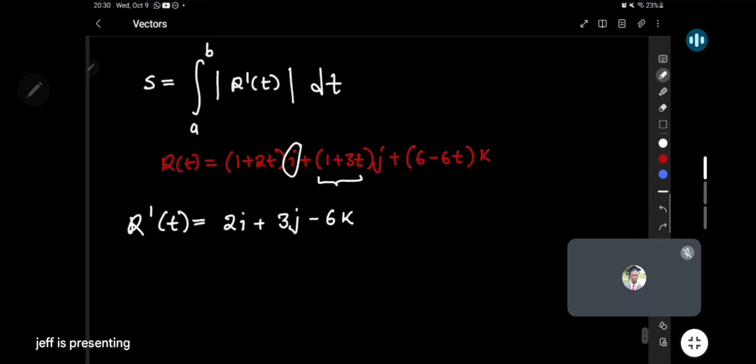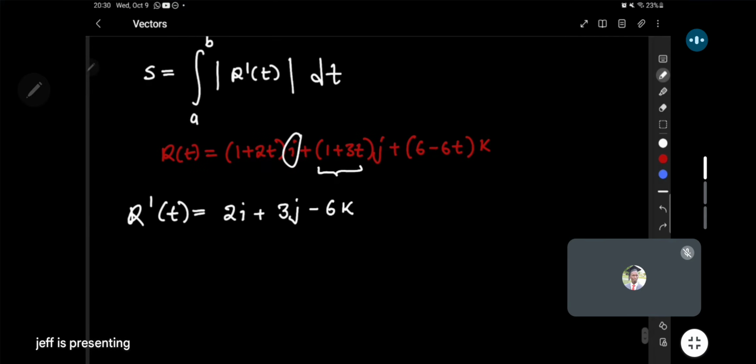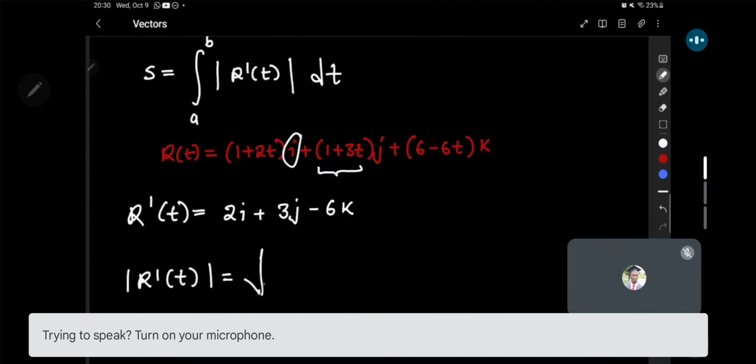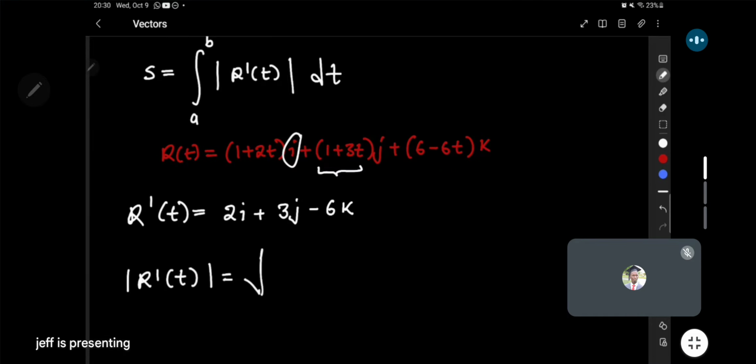After getting the derivative of the position vector, the next step is to obtain the magnitude of that derivative. The magnitude, of course, is the square root, and this is going to come out by Pythagoras. Now, this is where the unit vectors disappear from the expression.